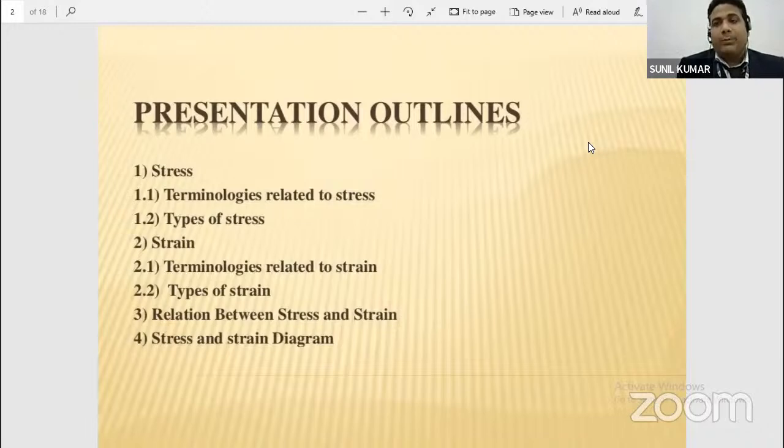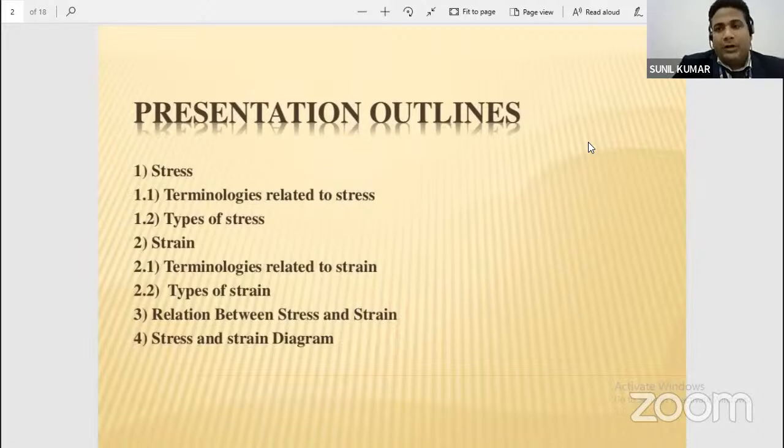If we do not apply any force, there is no deformation. Without any force we cannot deform any body. So this means the effect of force, that is, how we apply the force to affect the body. There are some ways that we affect the body.